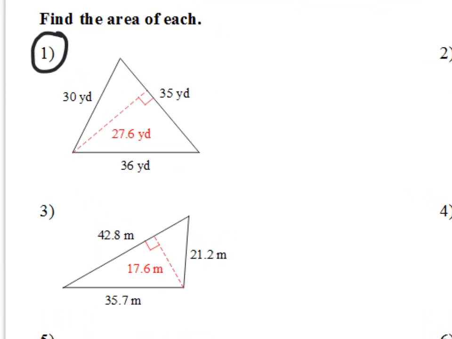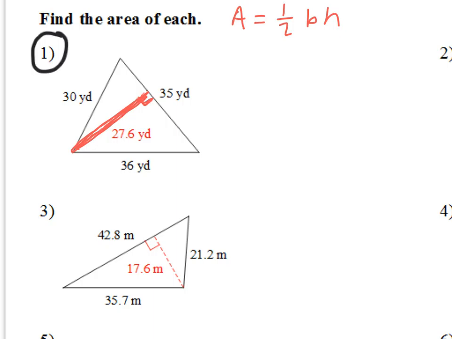We said today in notes that the area of a triangle equals 1/2 base times height. So we need to identify what base and what height is again. Just like we did the last couple days, height is always going to be the distance from one of the corners that creates a perpendicular intersection with one of the sides.